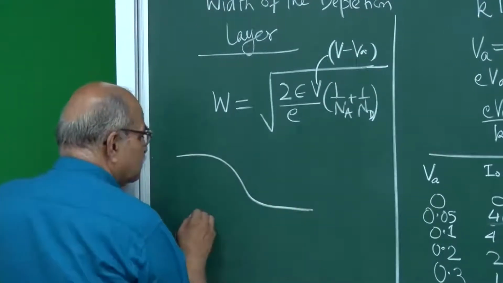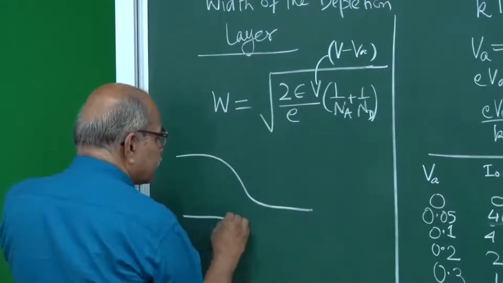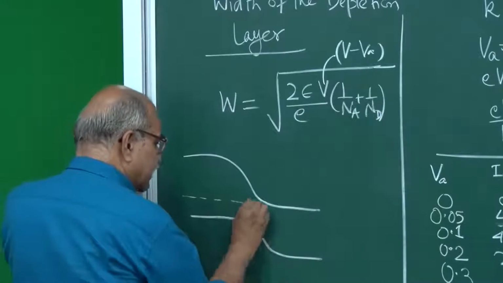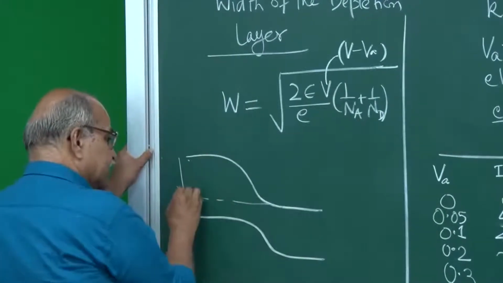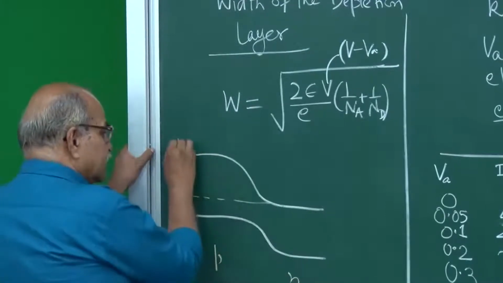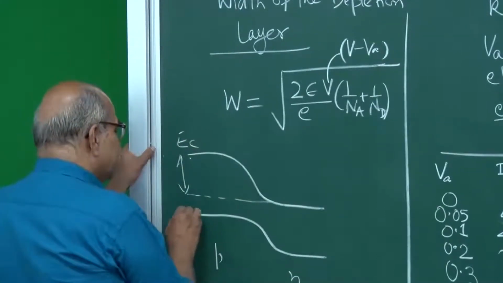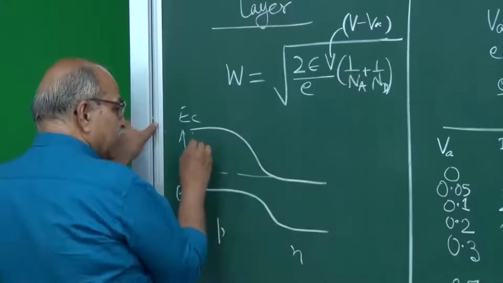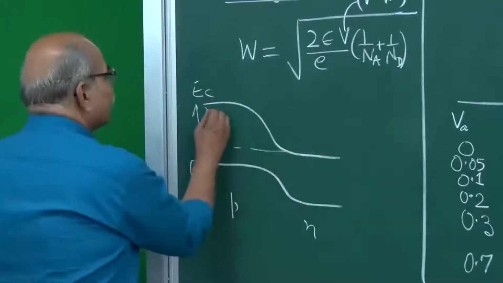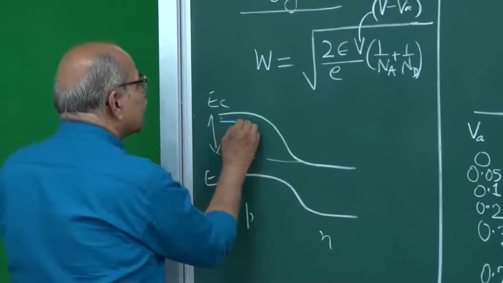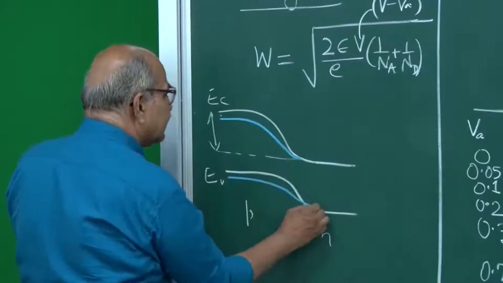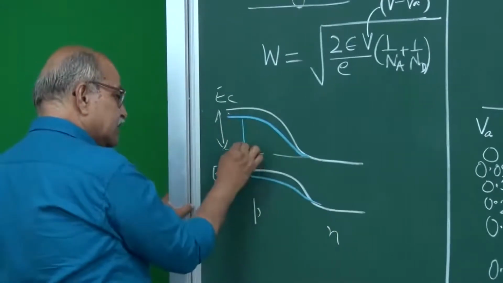If this is how the bands are, then this is the barrier height. This is P side, this is N side, and this is EC and this is EV. And when you apply this forward bias, this EC reduces to some lower value like that, and hence the barrier is decreased.